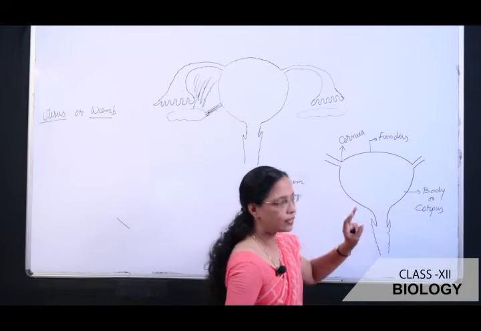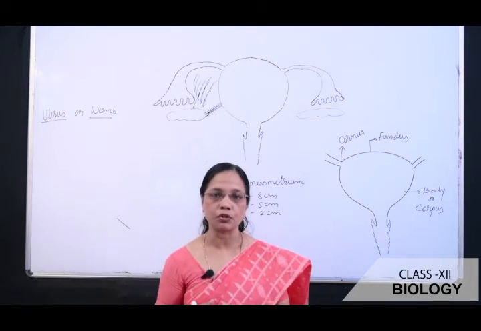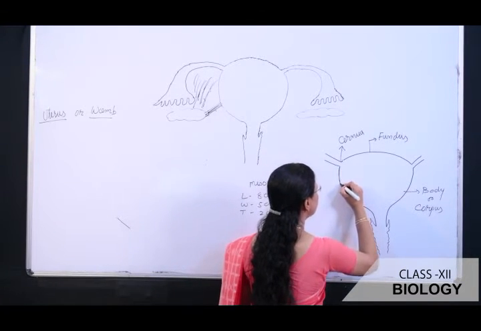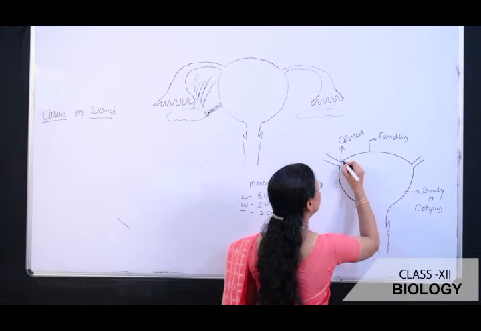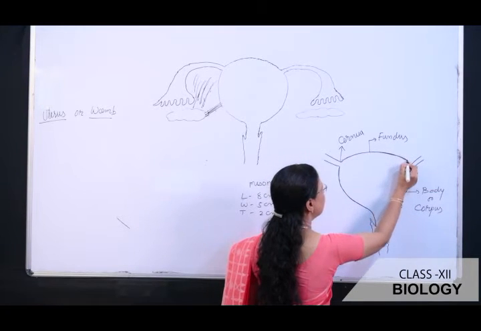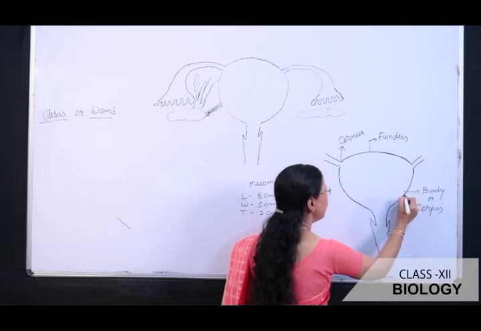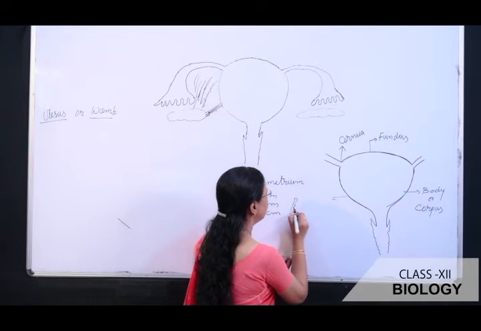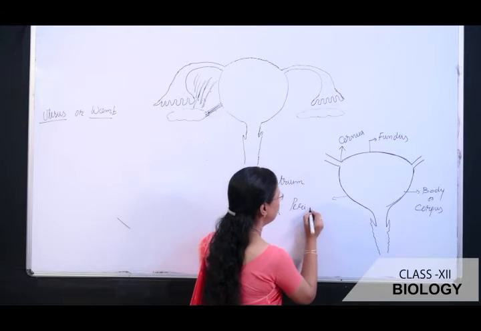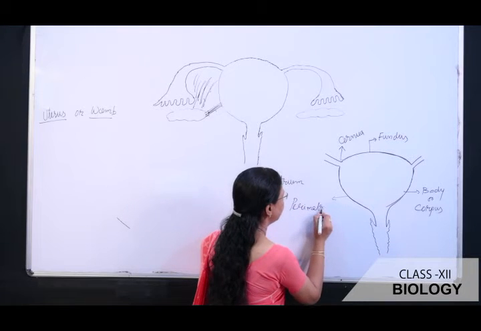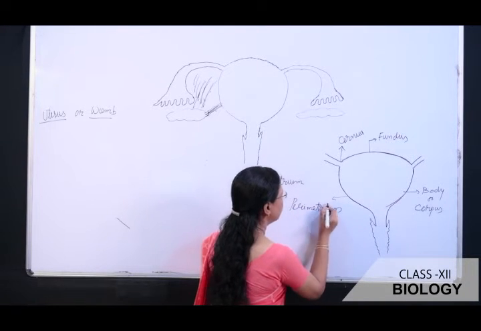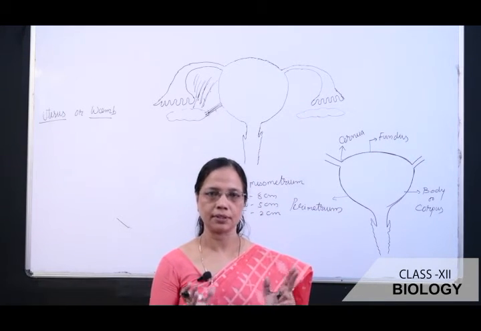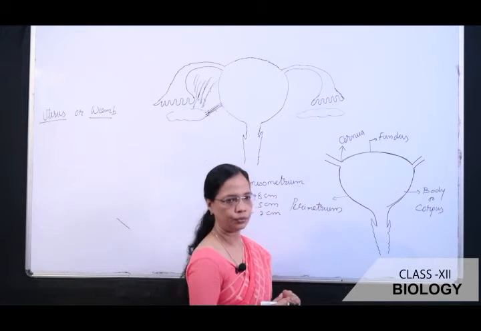Now we will see there are different walls of the uterus. This is the outermost thick layer. This layer is known as perimetrium. It is a thick tissue which protects the uterus.